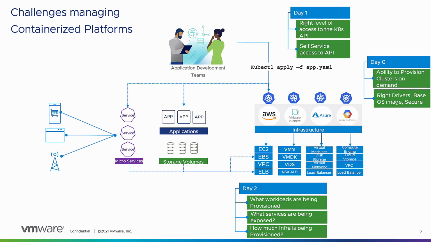For example, there are enterprises that do not want development teams to start deploying applications from Docker Hub or any other public registry. They have requirements that I just need my own container registry to provision workloads.